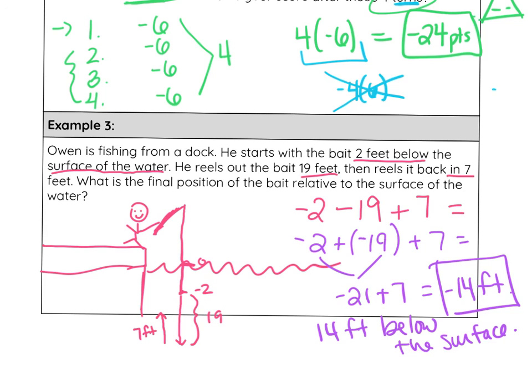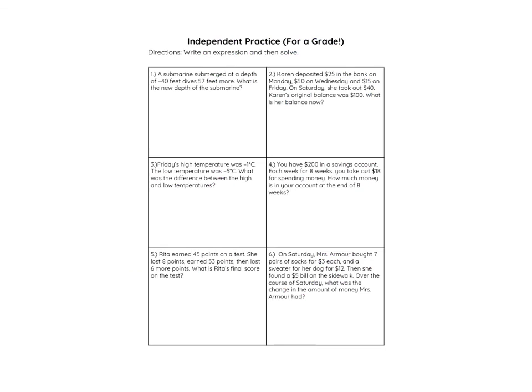Okay, so now at this point, now that you've watched the video, you are going to continue on and do the dependent practice. You have 6 questions. The directions say to write an expression and then solve. Like I had for everything here, I wrote an expression, whether it's just addition, multiplication, subtraction, division, maybe it's all 4 of them, maybe it's 2 out of the 4, 3 out of the 4, whatever it is.